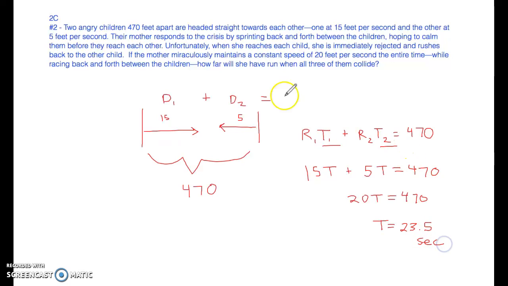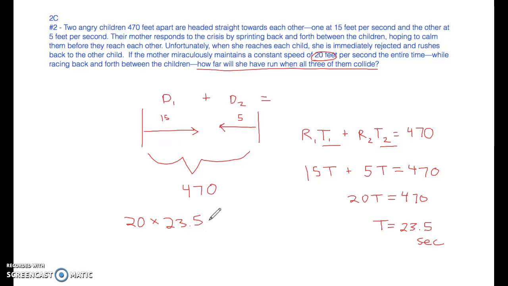But that's not the answer, because it says how far will she run when all three of them collide. And we know that she's going 20 feet per second. So 20 times 23.5, the rate times the time, is going to give us the distance.